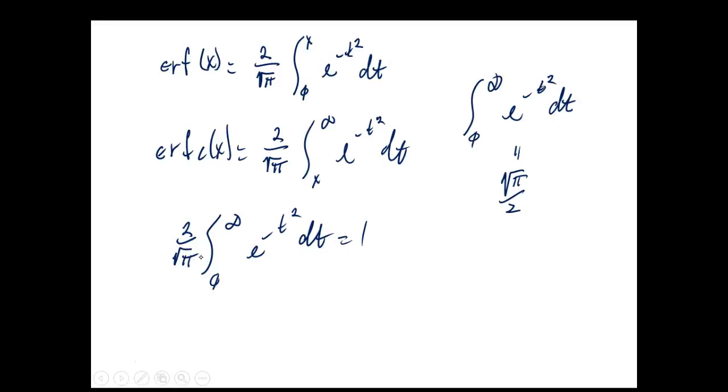Multiply both sides of that equation by 2 over root pi. The left-hand side becomes 1, and the right side becomes 2 over root pi times this, is equal to 1. And this is your bell curve.